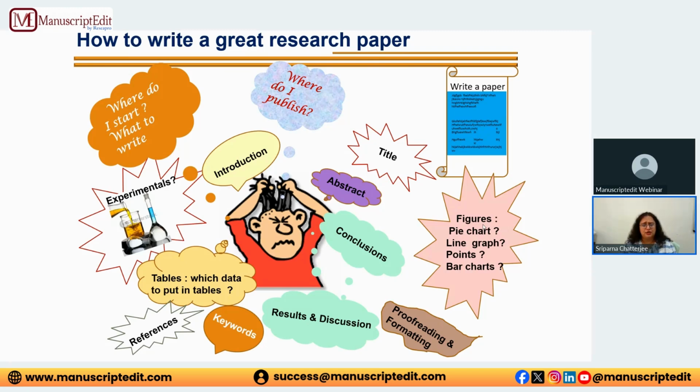How long should the introduction be? Should I put my data in the format of a table, or just write it in the text? Which keywords will attract the audience? Should I give references from very recent works, or also consider previous works? How to write the results and discussion?